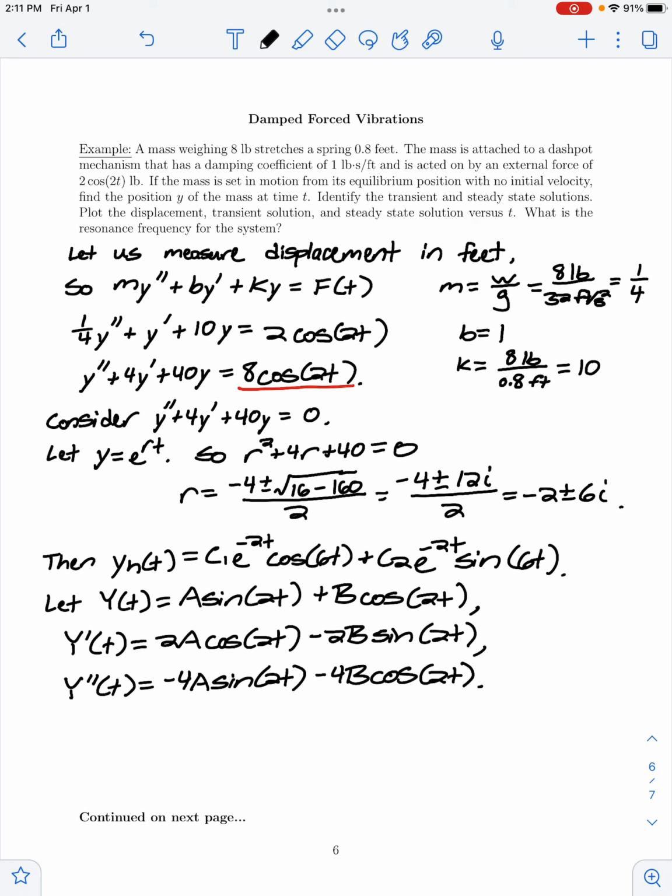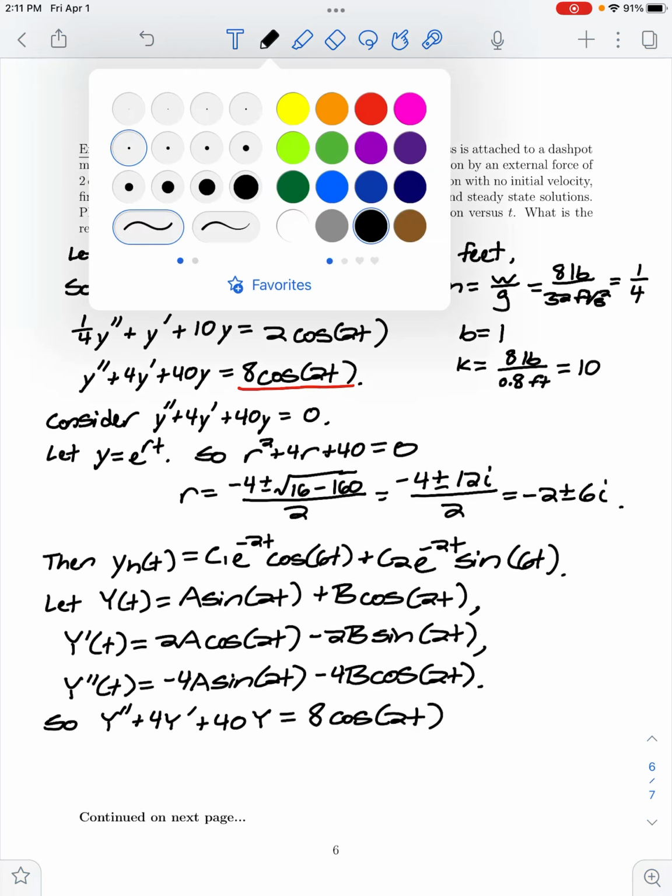And now let's substitute into our non-homogeneous equation. We're looking for y double prime plus 4y prime plus 40 times y, which has to equal 8 cosine of 2t. And so let's see what we have when we substitute y and its derivatives into this equation and group like terms.